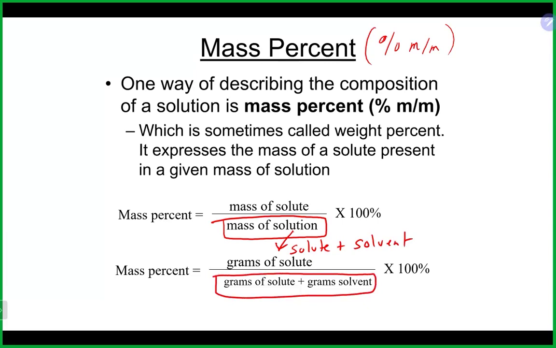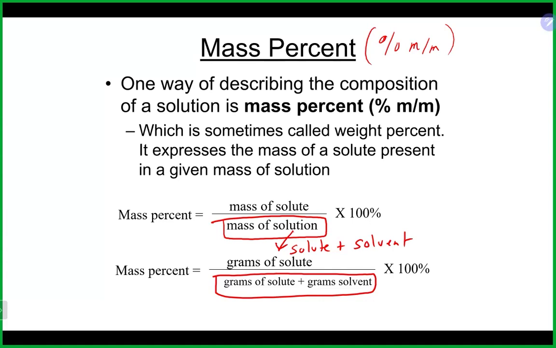The reason why it's important to do so, especially with mass percent, is I would say it's super common in those type of problems that they will break those numbers up and give you the mass of the solute separate from the mass of the solvent. And it's a very common mistake that people make, which is they just end up dividing by the mass of the solvent rather than the entire solution together. So you definitely want to make sure that you have the mass of the entire solution.